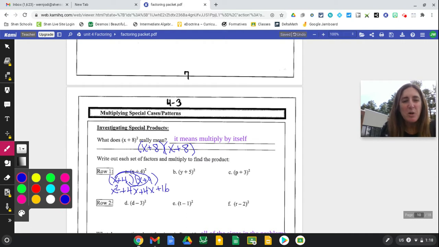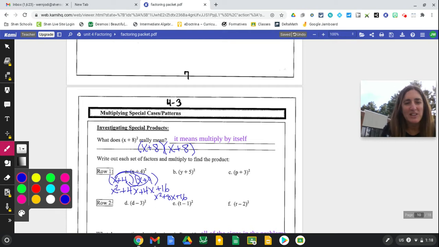In other words, this whole problem just turned into x squared plus 8x plus 16, because you combine those two terms in the middle. So if you had assumed that you just take that little square and multiply it to each of the terms, you would be incorrect, because you would be missing that middle term of the 8x.